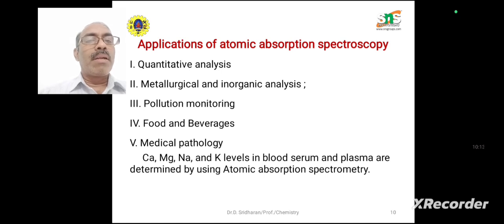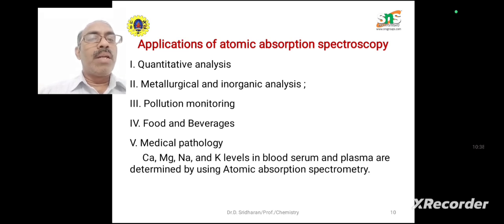We can collect samples from various places, in liquid or gaseous form. We can convert them into liquid. Then we go for the analysis of how much of the heavy elements and heavy metals are present in various media.